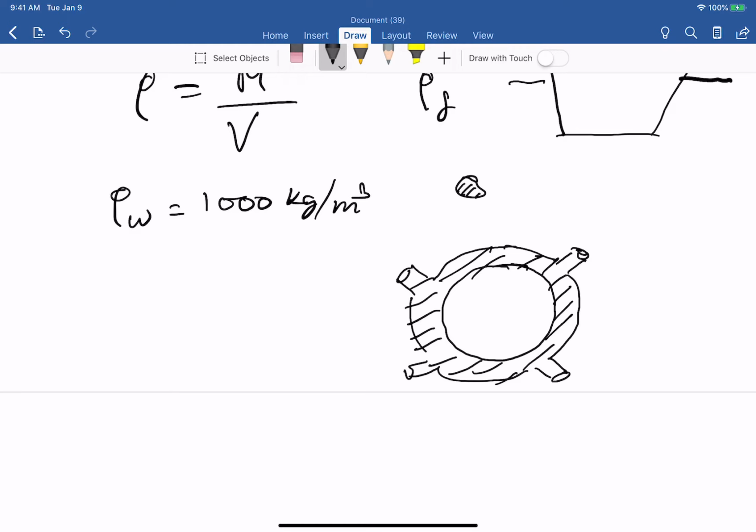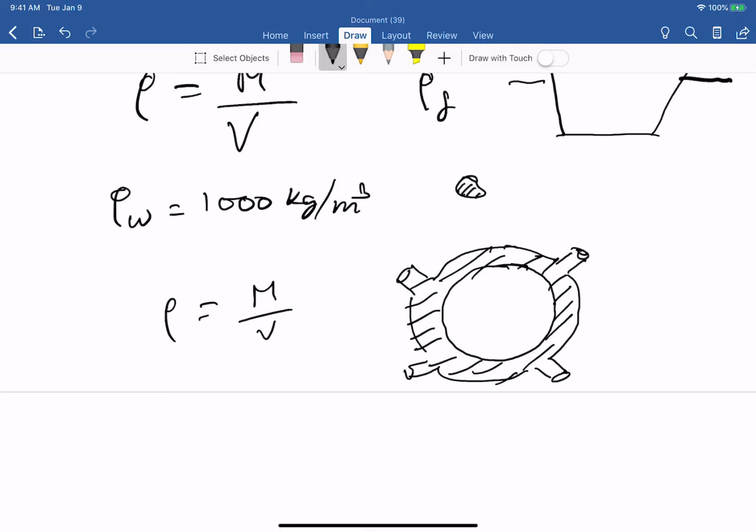And what does that do? The average density of the submarine is the mass divided by the volume, right? So if a large part of the volume is now filled with water, the effective volume of the submarine is lowered, right? So mass divided by volume, this ratio goes up, and so the submarine will sink.